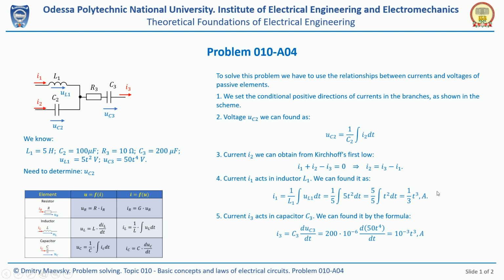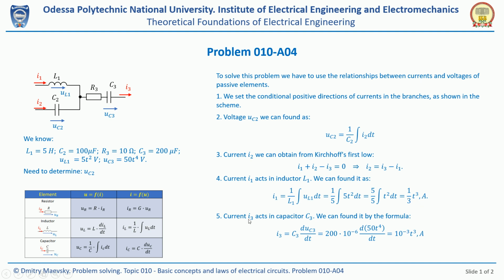This integral is equal to 5 over 5 t power 2 dt. T power 2 integral is 1 over 3 t on power 3, this formula.